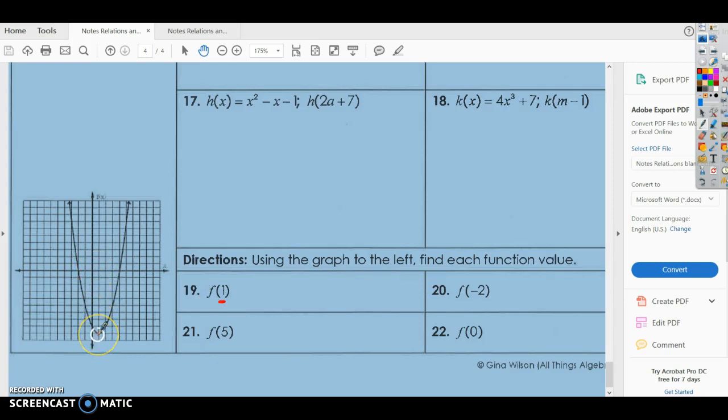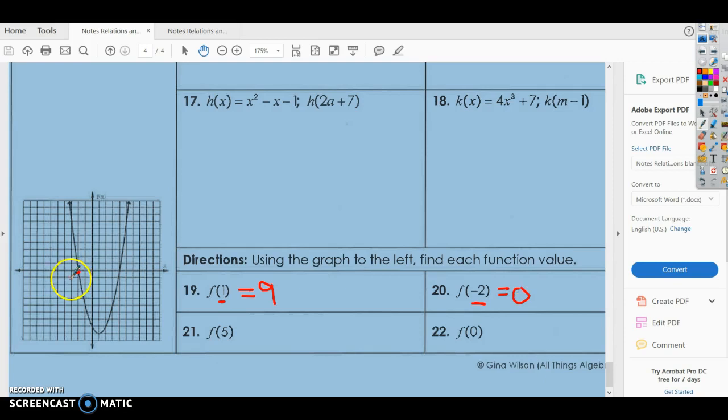So I got to find the function, and it would be that point right there on your graph. So if you come down 1, 2, 3, 4, 5, 6, 7, 8, 9. So 1, 9 is a point. So that would just be 9. Okay. So negative 2. If I look here and I go negative 2, what point is on that graph? That would just be 0.